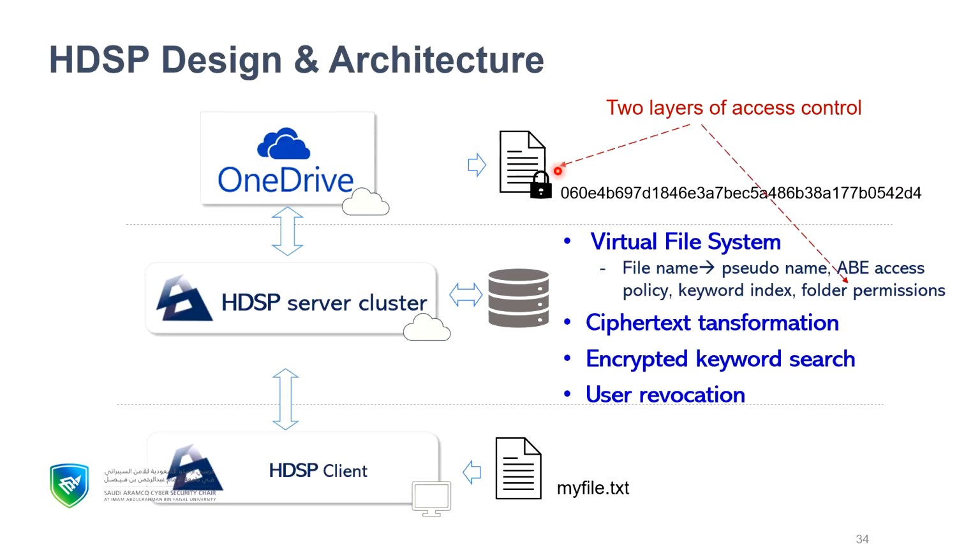So this file and the pseudo name essentially look like just a sequence of random numbers. And the server cluster stores the access policy. So what is in the public cloud? Just a sequence of random numbers without even disclosing any metadata of the file.